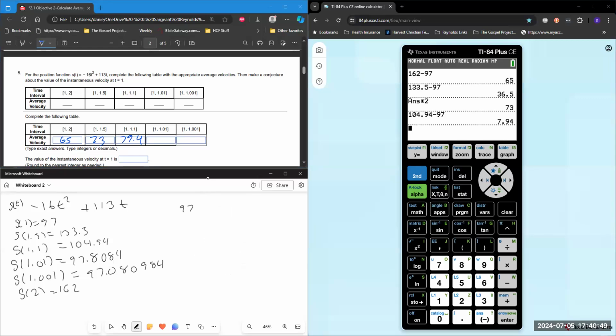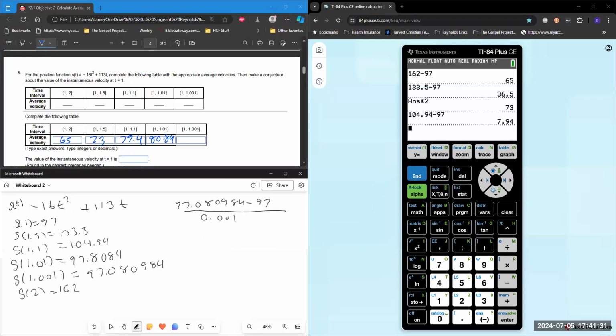1.01, so 97.8084 minus 97 over 0.01. And so this is going to be 0.8084 over 0.01, which is 80.84. And then last but not least, 97.080984 minus 97 over 1,000th.